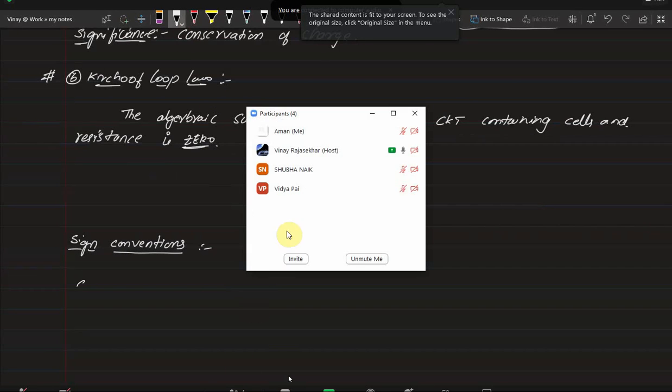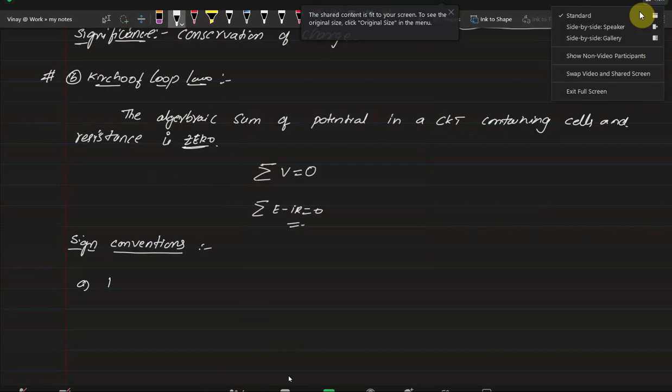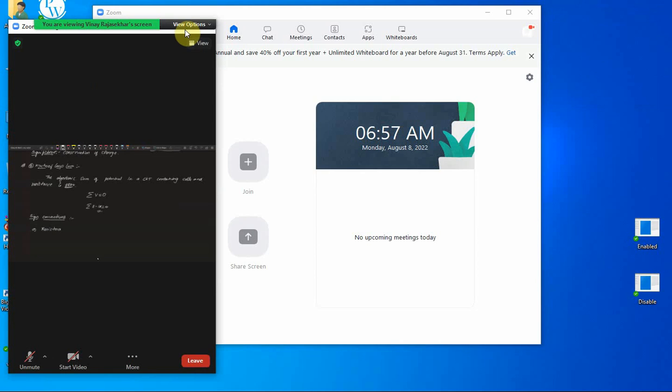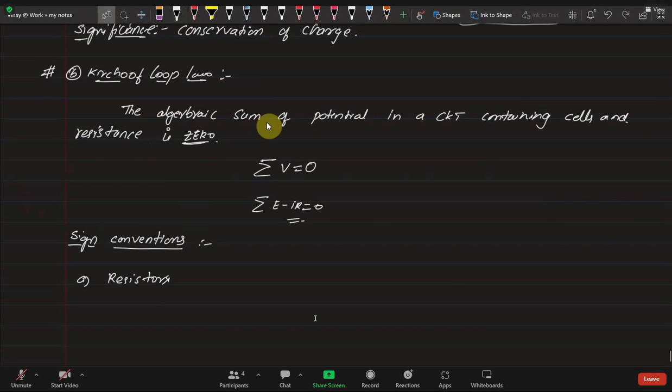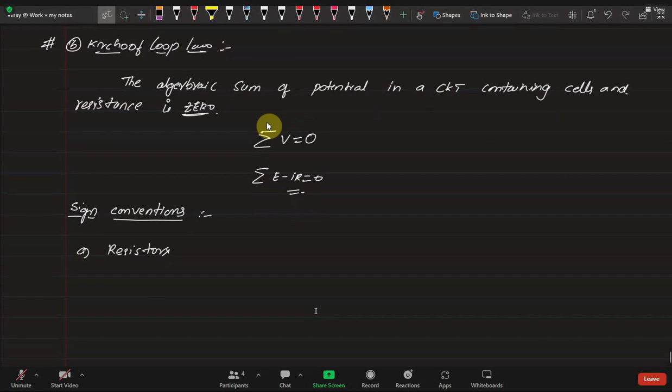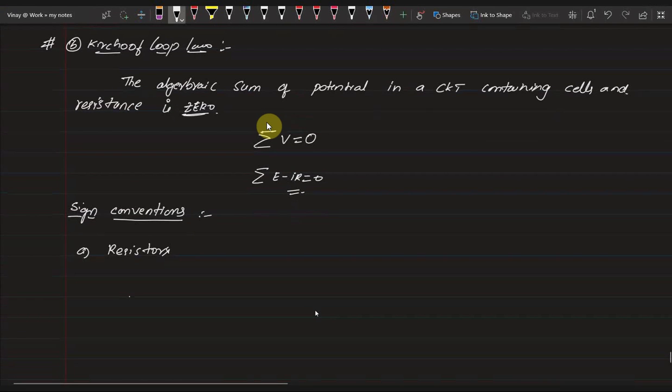Okay, so first we will take the sign conventions across the resistors. First we learn about sign conventions across resistors. Now please remember, I'll take it as a resistor. I'll take this point as A, this point as B, and this as resistance R. Now current is flowing from A to B. Now tell me, which is at high potential and which is at low potential?